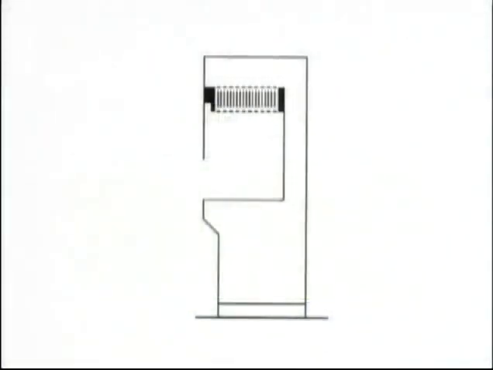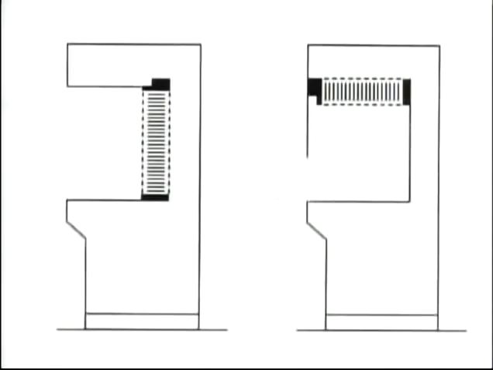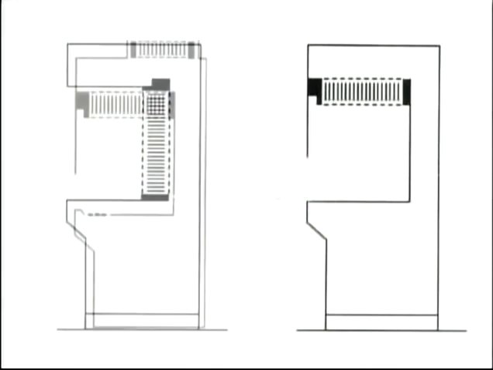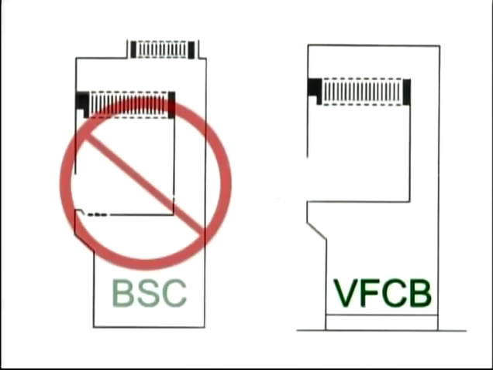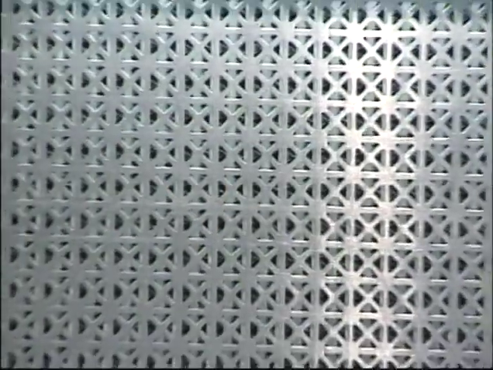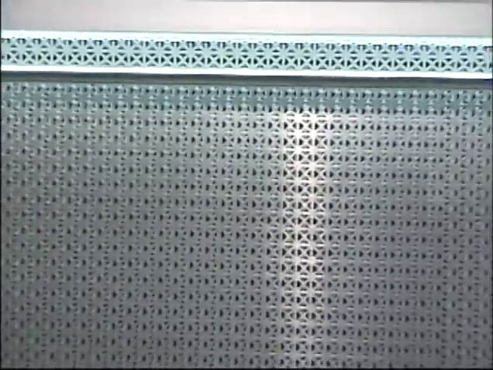A vertical flow clean bench is similar, except that the HEPA filter is located at the top of the enclosure, and air flows downward toward the work surface before turning and exiting out the front of the unit. Remember that first air in a vertical flow clean bench will be moving from above, rather than from the back of the unit. Also, please note that a VFCB is not a biological safety cabinet. Our demonstrations will be conducted in a horizontal flow clean bench.